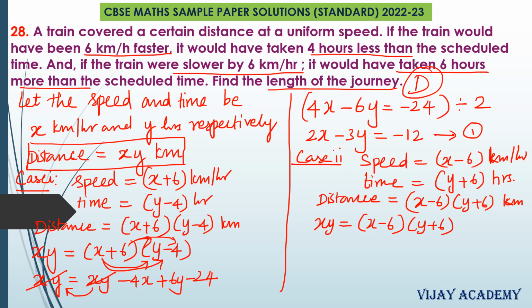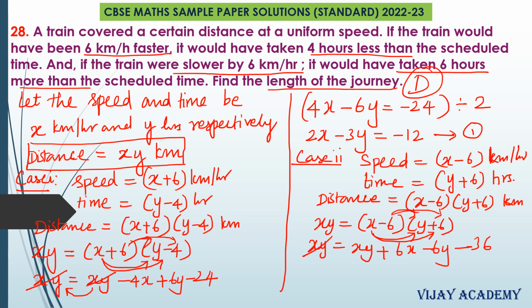Now multiply the RHS. So we get xy equals x into y, that is xy, x into 6 we get plus 6x, then minus 6 into y is minus 6y, then minus 6 into plus 6 will be minus 36.